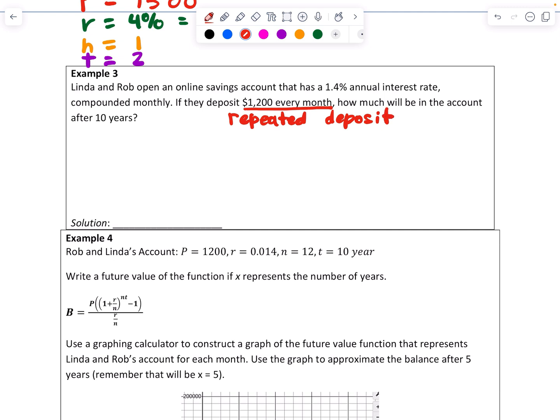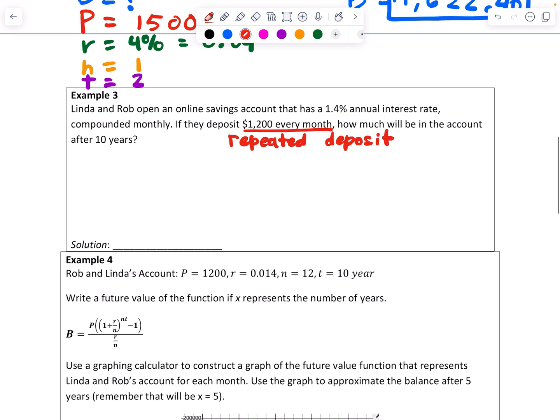So that means I'm using the formula from today, right?